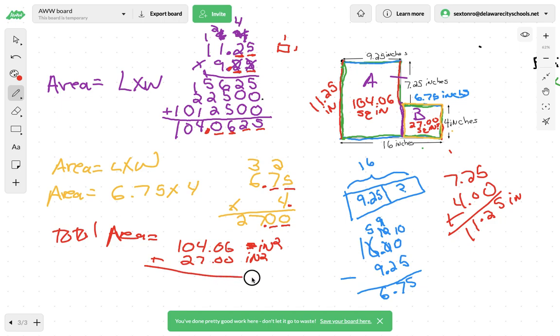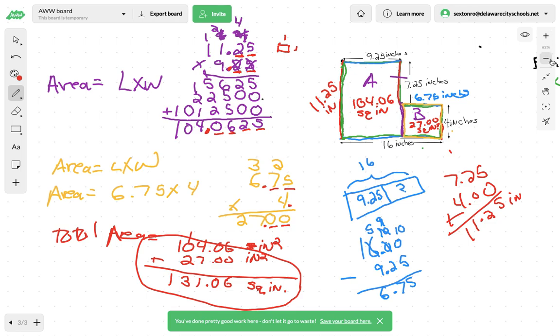And we're going to add them up. 0 plus 6 is 6. 0 plus 0 is 0. 7, 8, 9, 10, 11. 3, and 1. So the total area of this whole wacky shape is 131.06 square inches. Boom. Look at that.